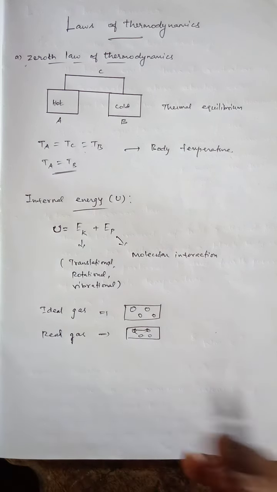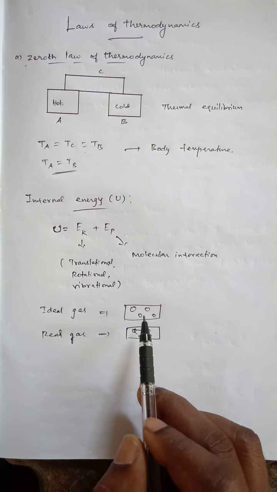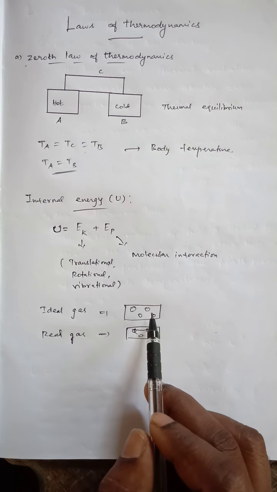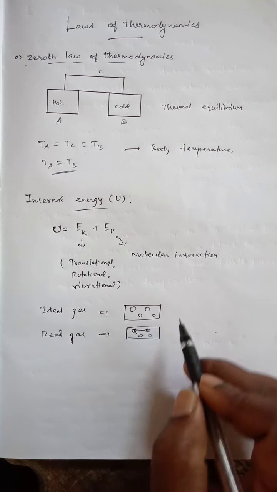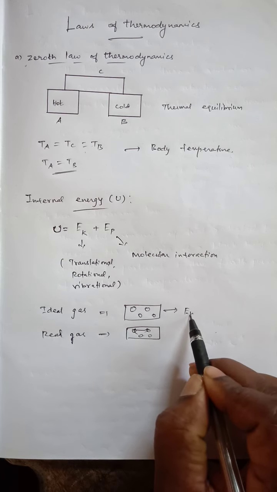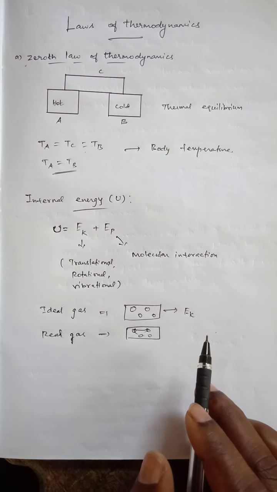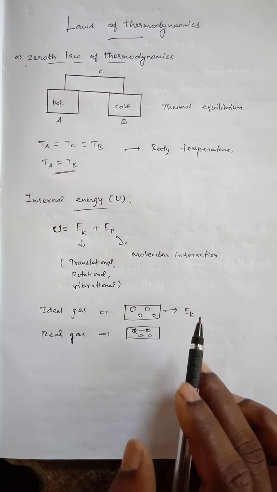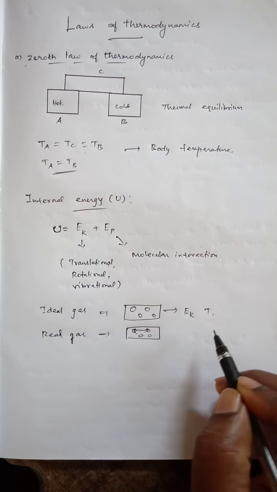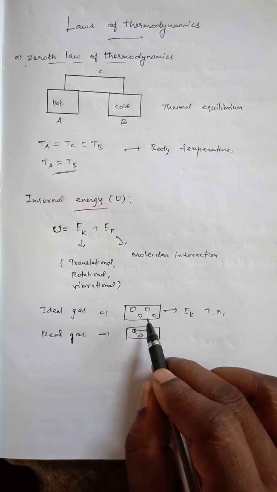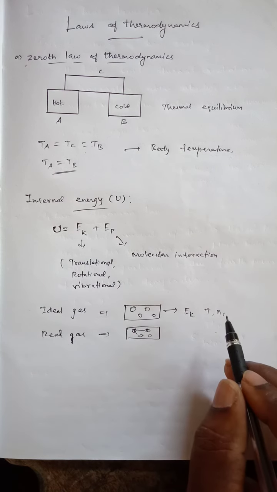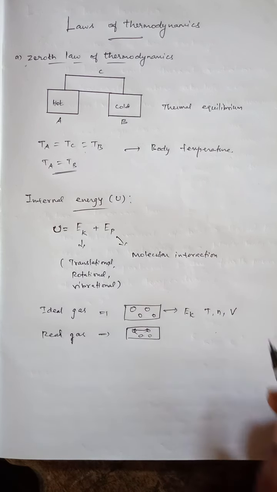Since the ideal gas molecules are assumed to have no interaction with each other, the internal energy consists only of the kinetic energy. There is no interaction, which depends on the temperature and the number of particles in the gas.